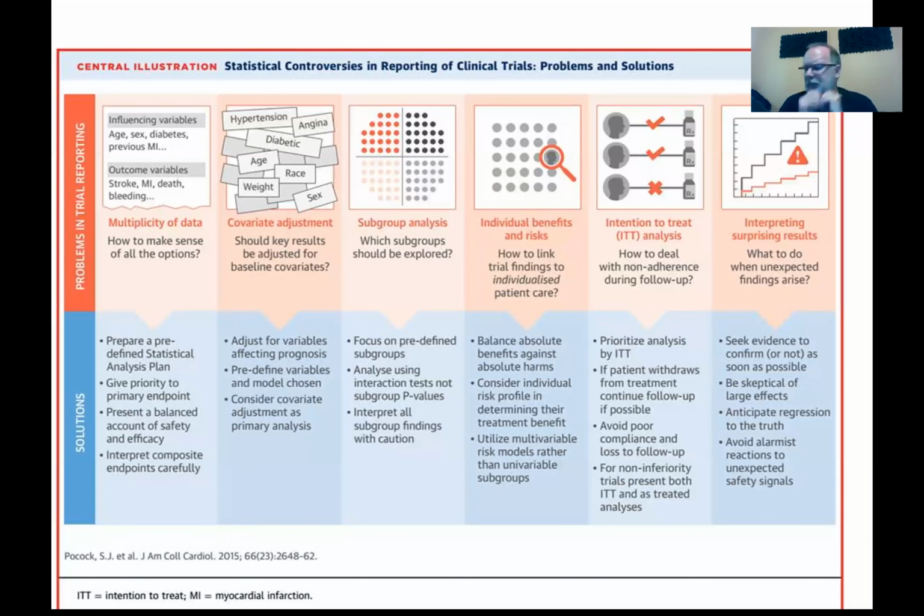So here is a graphic from one of the Pocock papers. And I would say that if all you understood out of this talk, or in general going forward, if you understood the principles here, these best practices, you'd be going a long way.